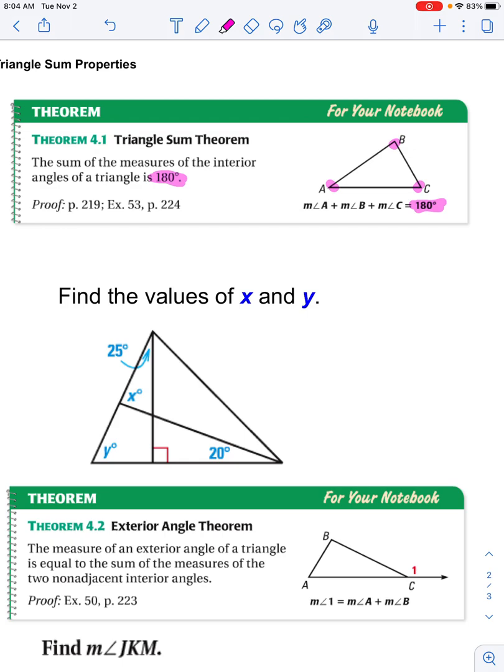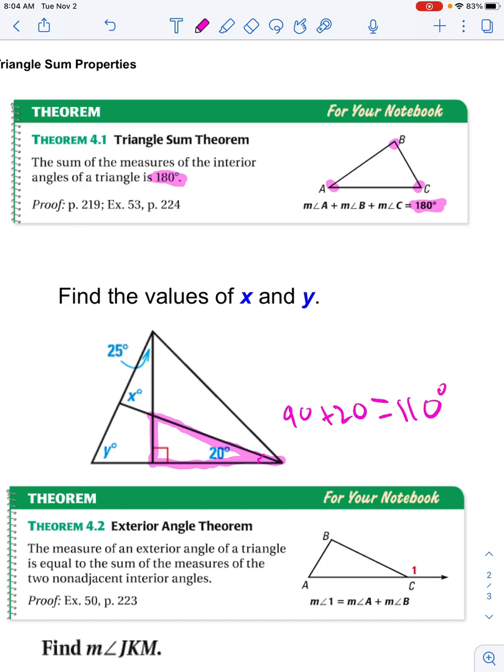I'm going to start by looking in this triangle. I've got a bunch of triangles in this one picture, but let's look at this one. I know that I've got a right angle, which is 90, and my small angle over here is 20.